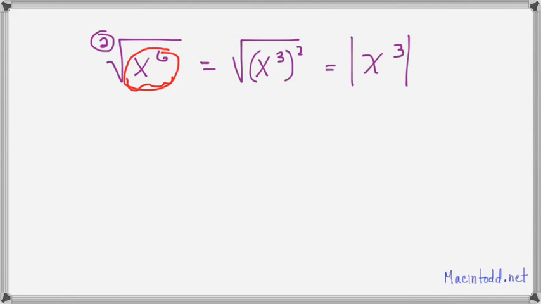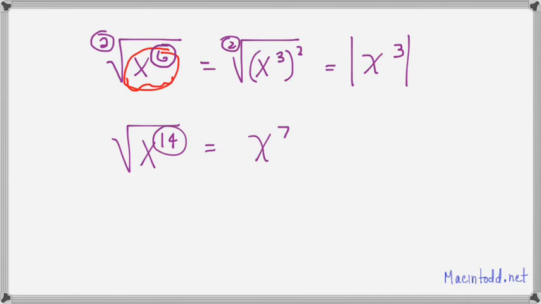We're taking square roots. That's an even number. And when the exponent inside is even, that forces it to be positive. So, for example, the square root of x to the 14th is x to the 7th. X to the 14th is going to be positive.